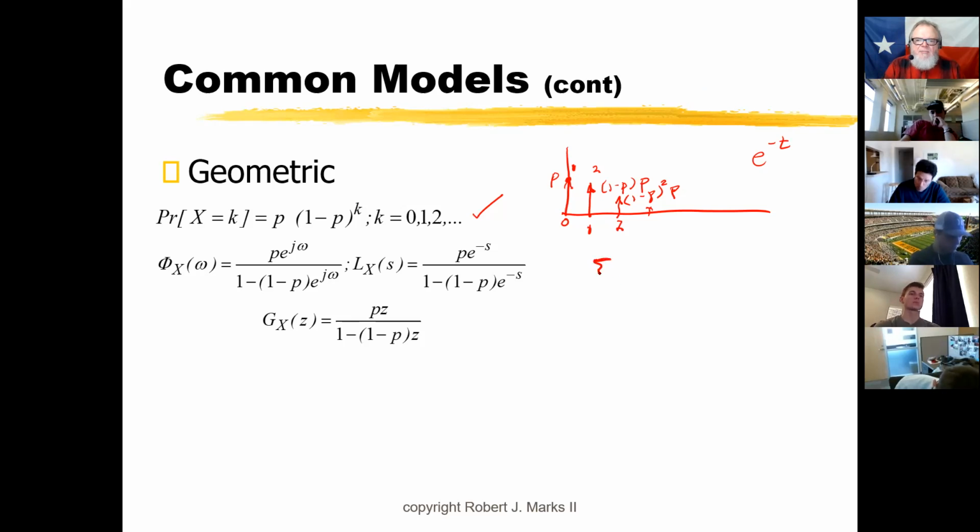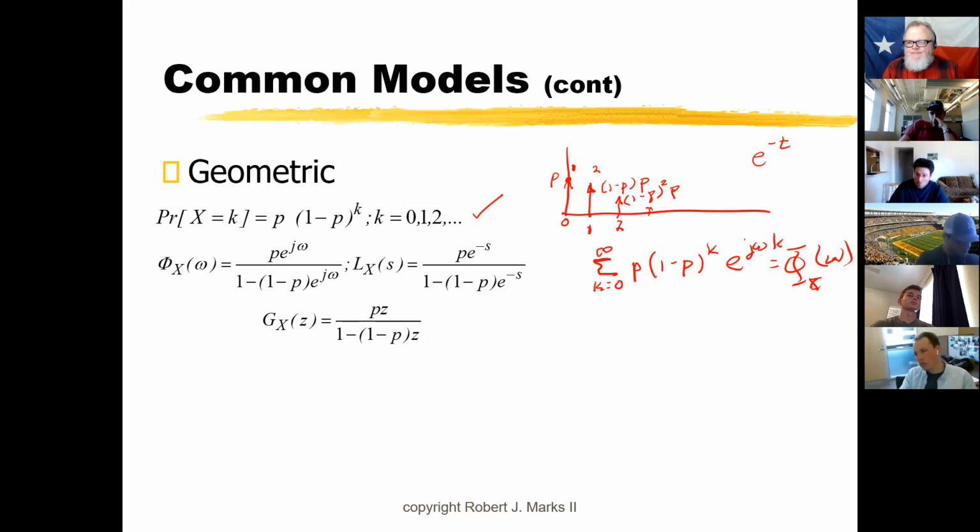This is going to be the summation of k from 0 to infinity of P times (1 minus P) to the k times e to the j omega k. That's equal to the characteristic function for this random variable.